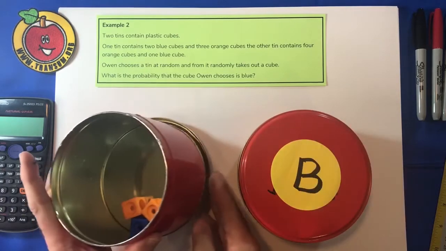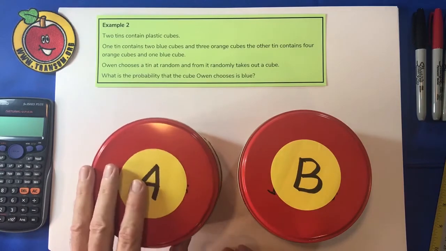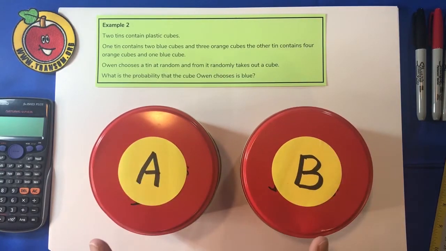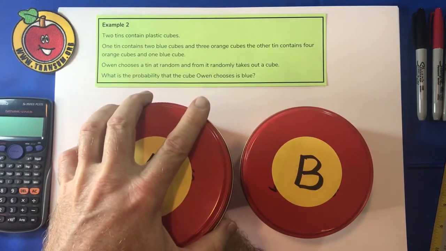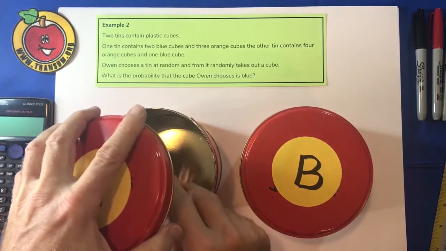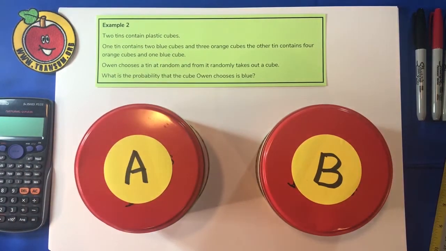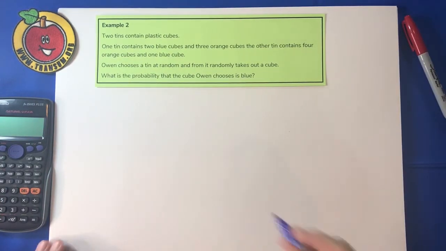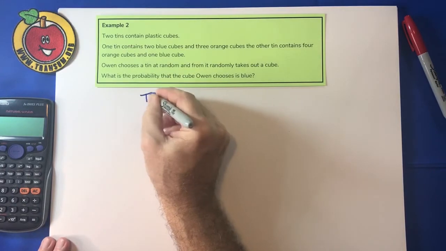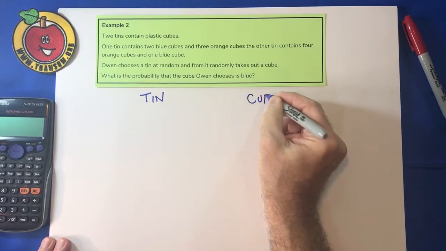And this second example is about someone called Owen choosing one of these tins at random first, and then when he's chosen a tin at random, puts his hand inside and picks out a cube at random. And we want to represent this situation with a tree diagram. Two situations. One of them is choosing the tin, and the second part is choosing the cube.